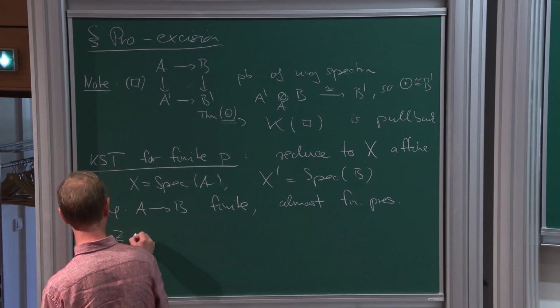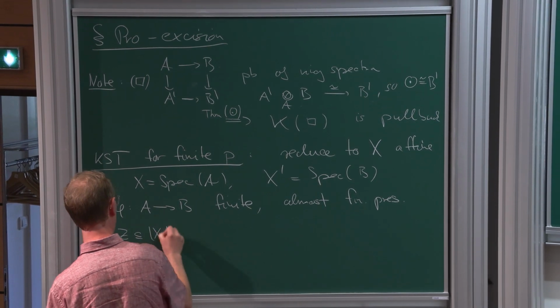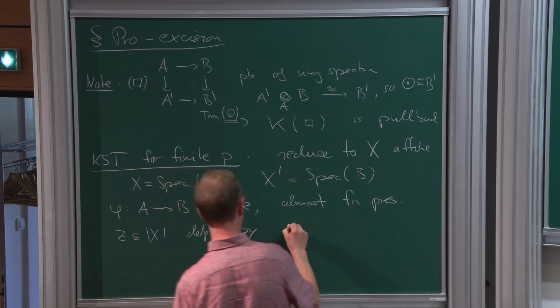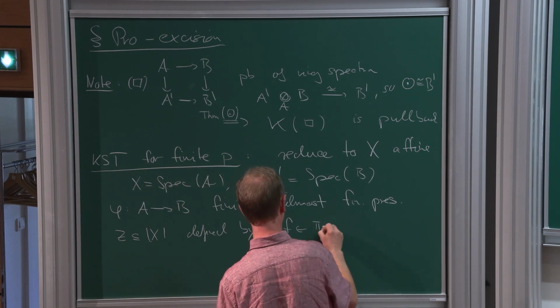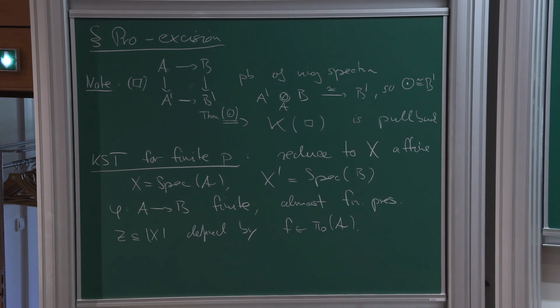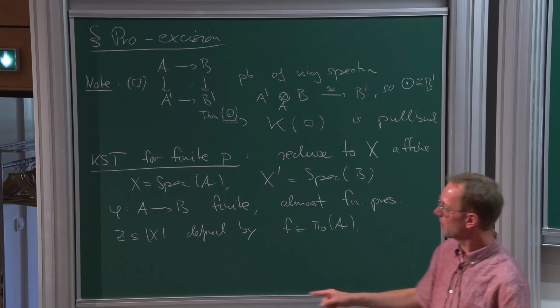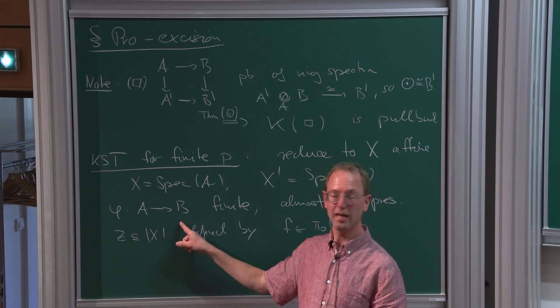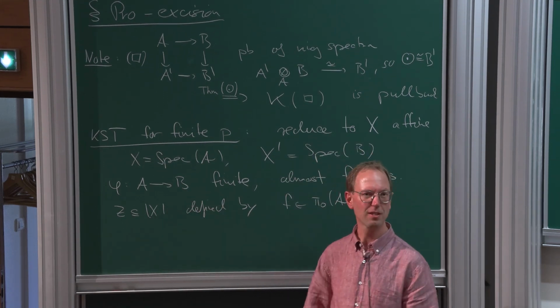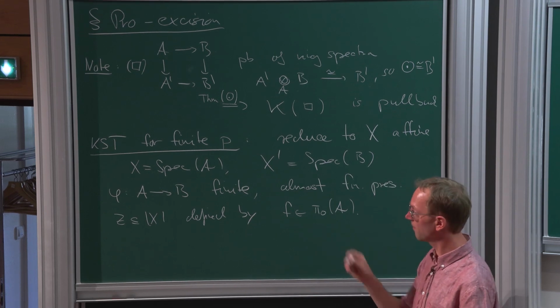So let Z in X be defined by F in pi 0 of A. Then you have the condition that this map is an isomorphism outside Z, so it's an equivalence if we invert this element F.